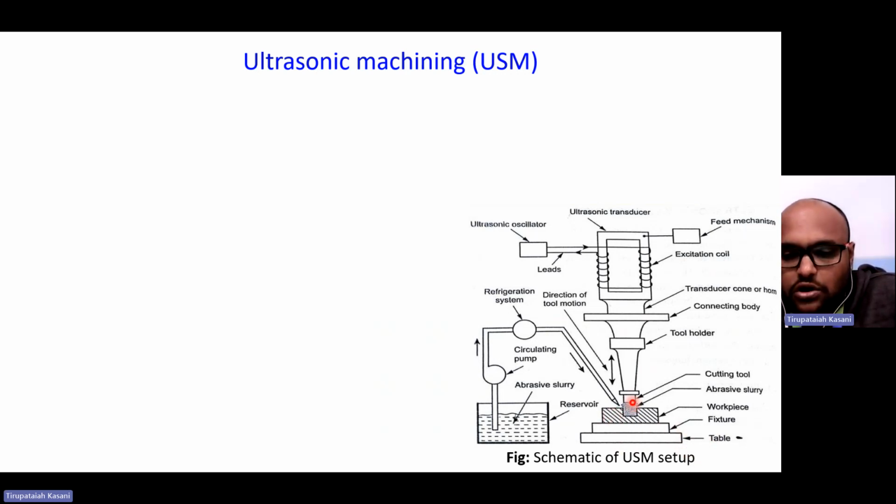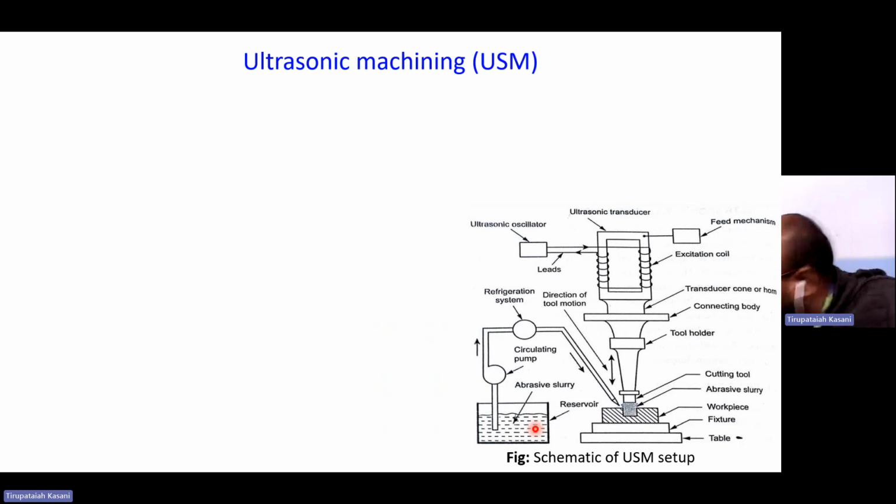Why? Because here also the tool position will be fixed. Because this is a large setup, robust in construction, and it is easier to move the work table than this whole setup. Okay, and here is the reservoir, and this is the abrasive slurry. Earlier, in the abrasive jet machining process, the abrasive particles were mixed with dry air.